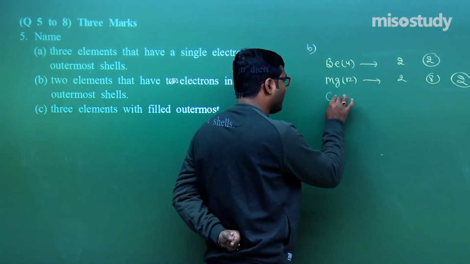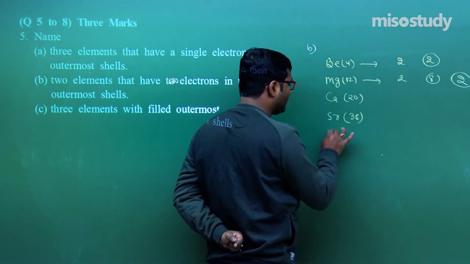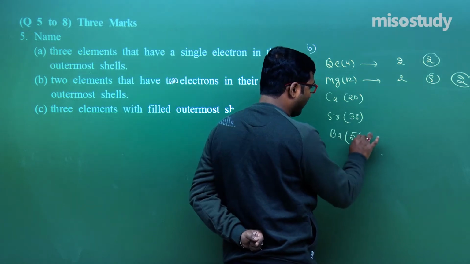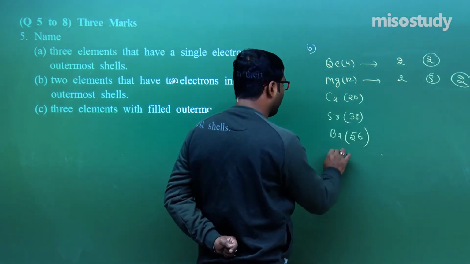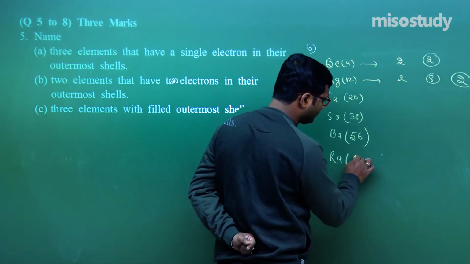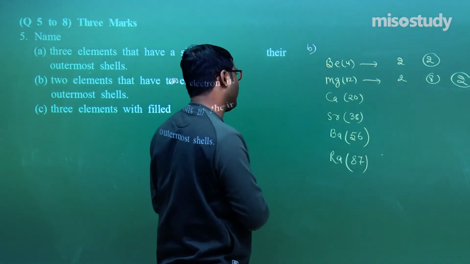Similarly, if I talk about calcium, strontium, barium, radium, clear to you? How to find the number?